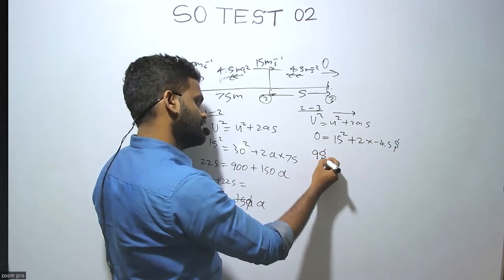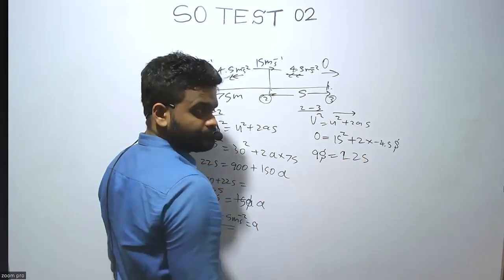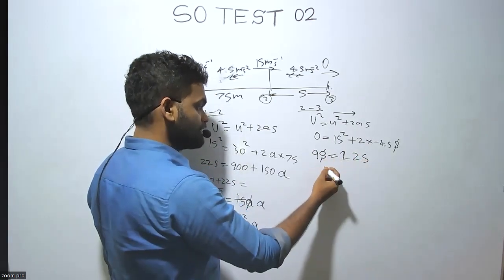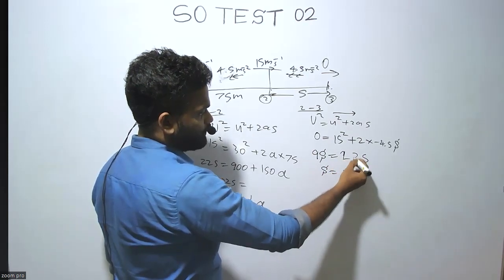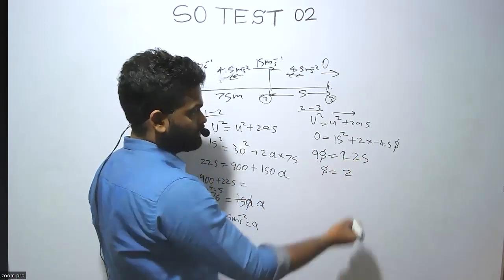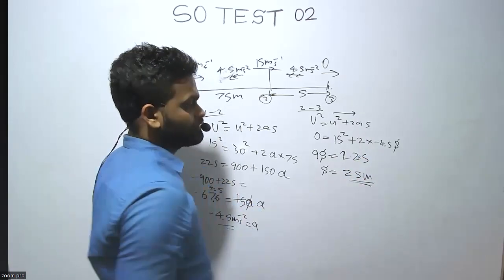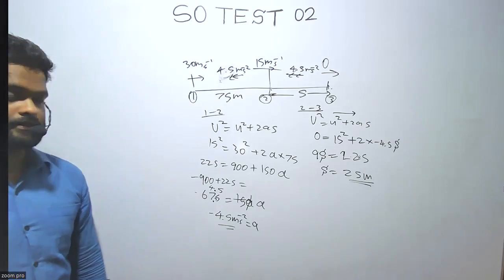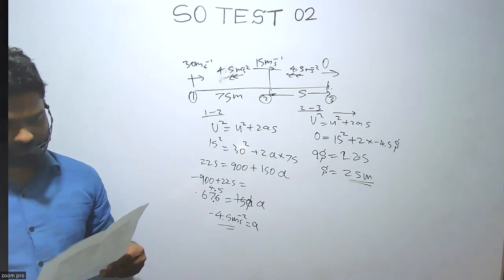So it becomes 9s equals 15 squared, which is 225. Then divide both sides by 9. 22 has 2 9s, 4 is remaining, 45 has 5 9s. So s is 25 meters. That's the answer.